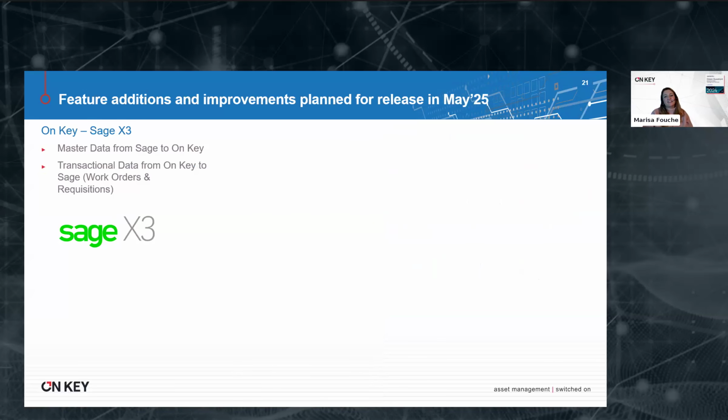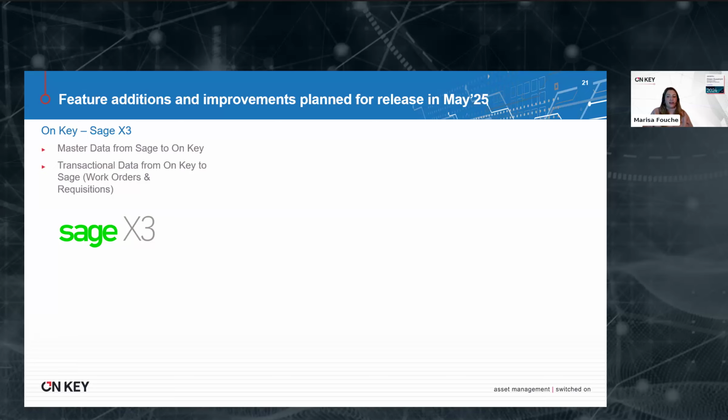Next slide, Stefan. So for our upcoming integrations, it is an OnKey Sage X3 integration where the master data resides in Sage, and the transactional data flows from OnKey to Sage.